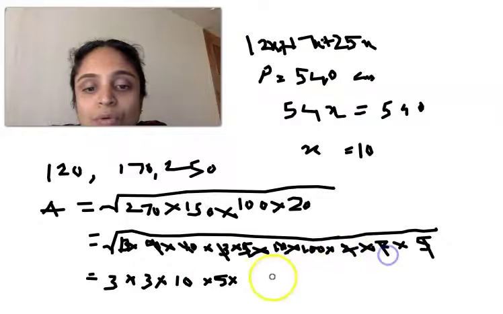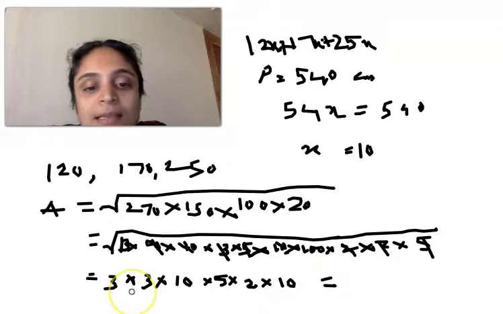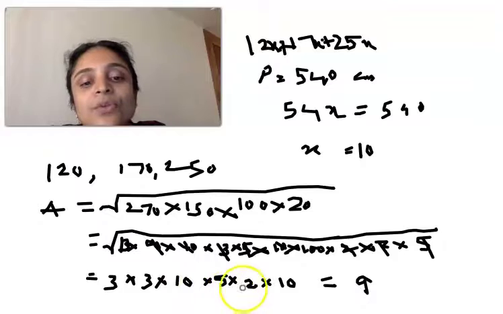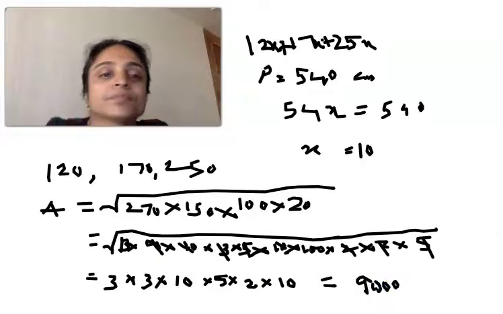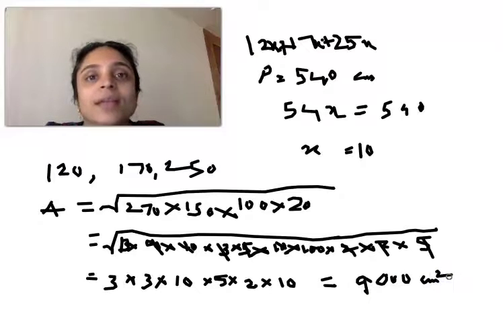So into 2 and root 100 is 10. So we'll get this as 3 into 3 is 9, then 5 into 2 is 10. So 10 into 10 into 10 is 1000. So 9000 centimeters square is the area of this triangle.